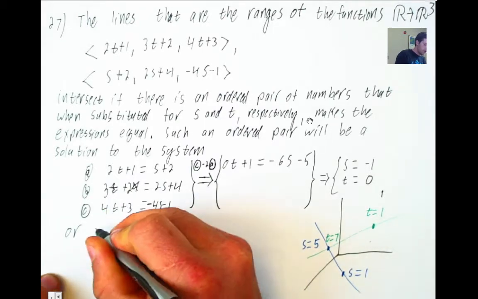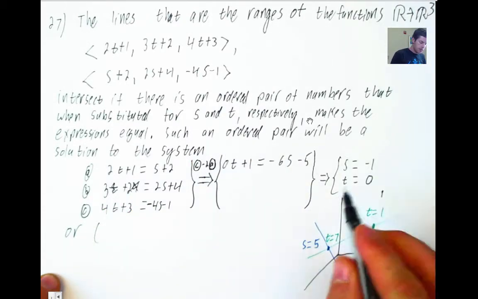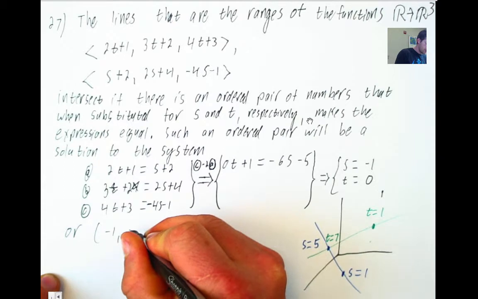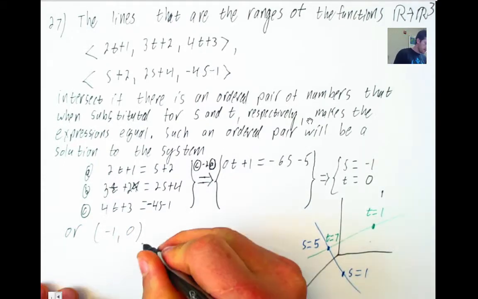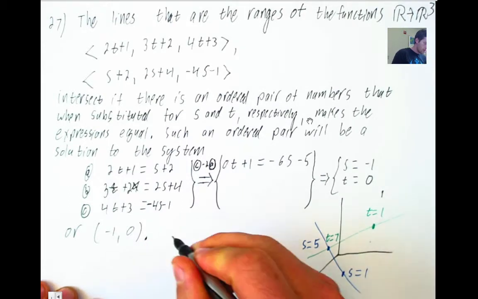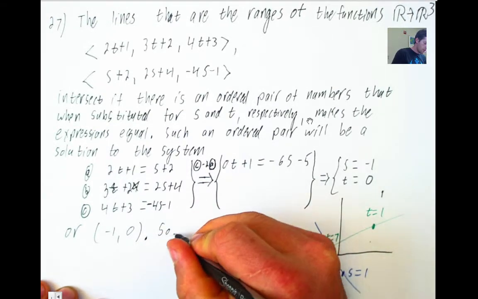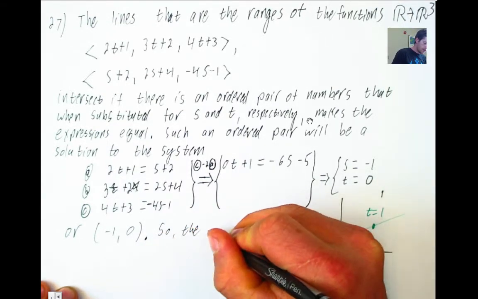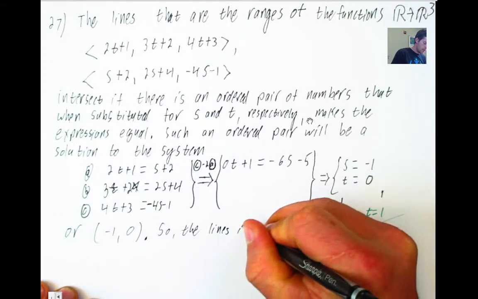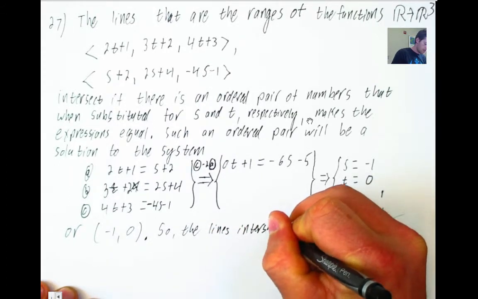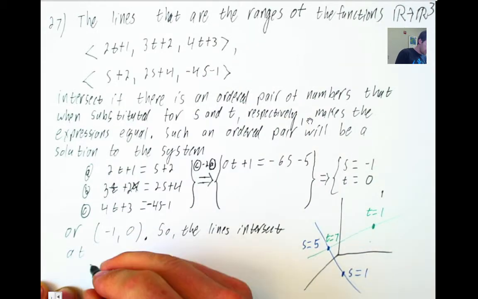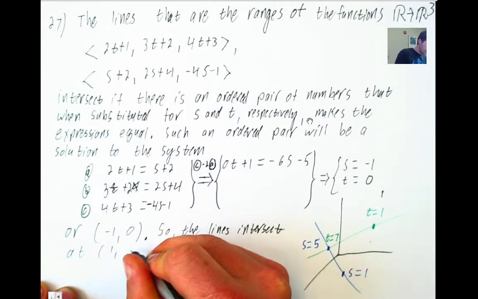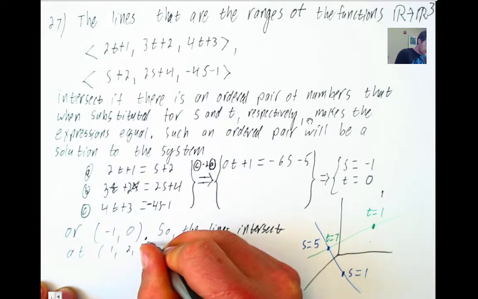Let's make sure I get the order right. S and then t, so negative 1 and then 0. Alright, so the lines intersect at, and I put in t for 0 up there, and I get the point 1, 2, 3.